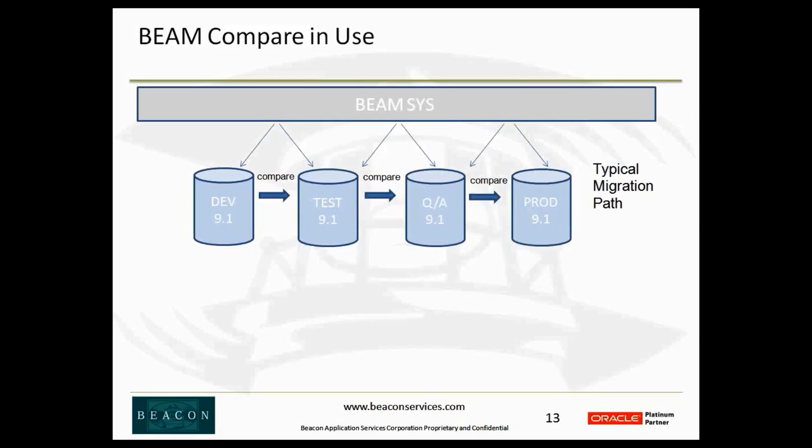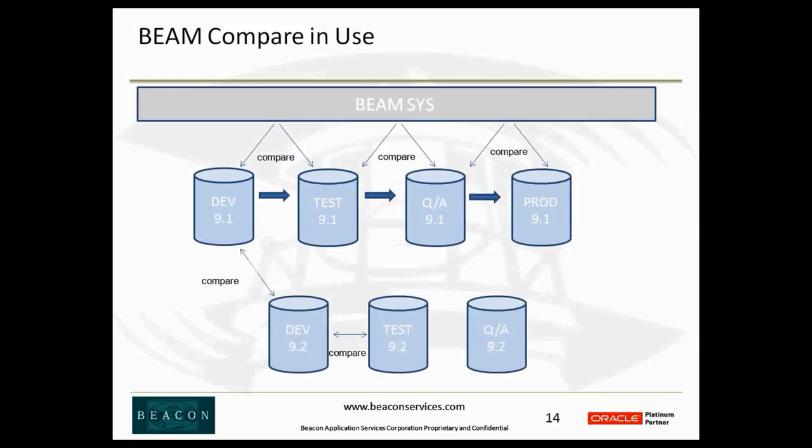So this is pretty straightforward. If you move something from dev to test, whether it's a patch or just some configuration data, we can run a job and compare the two environments and see if they are still the same or not, and tell you what the differences are. But life is a little more complicated than just moving things from one environment to another. You might want to compare two different dev environments.